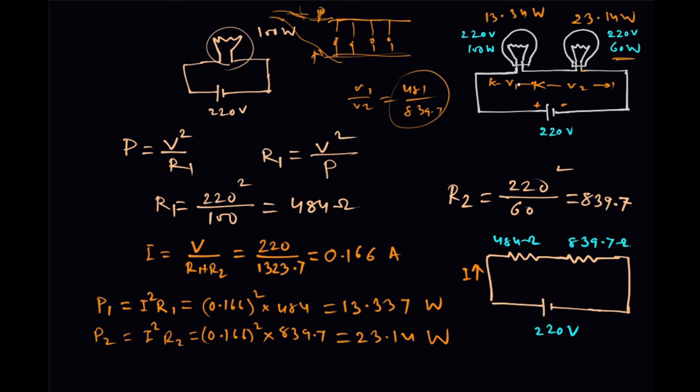So the voltages are in the ratio of the resistances. The one having the higher resistance will have more voltage. That means if the supply is 440, then this voltage will be more than 220 volt, and this will be less than 220 volt. For this bulb there will be no problem, but the other is rated for 220 volt, and if it gets more than 220 volt, then it will definitely be brighter, but it will not last long. It will burn out soon.